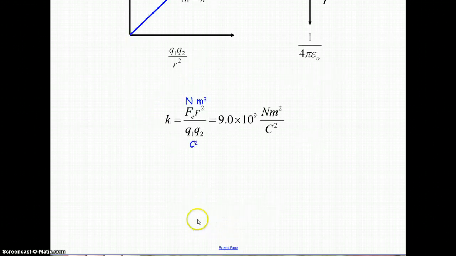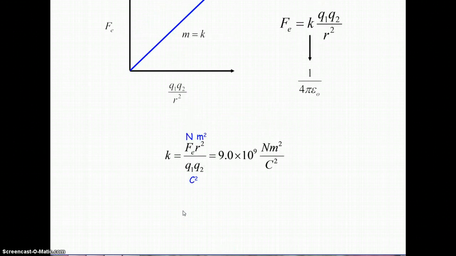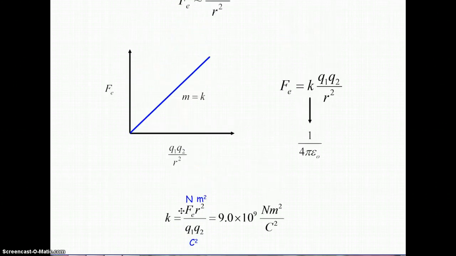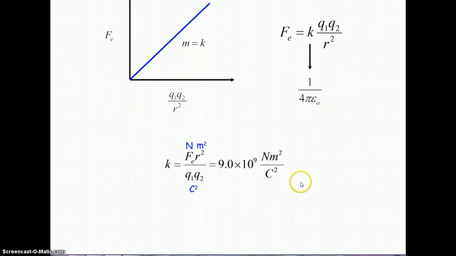What is often done is they really like to compare this to gravity. The two equations are similar. Fg equals big G m1 m2 over r squared, and F equals k q1 q2 over r squared. They're both inverse square laws. However, you may remember that big G is 6.67 times 10 to the negative 11.